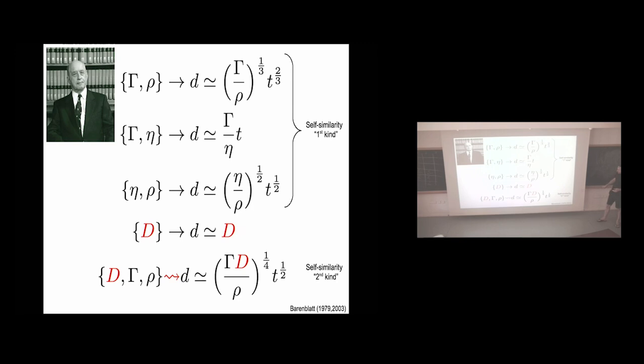And then you have more complicated cases, self-similarity of the second kind, where you say, well, I'm looking for a radius that is going to depend on the size of the droplet, the surface tension, and the density, and you'll never get the answer because you have too many parameters and you will not be able to constrain enough to find the answer. So what do we do?